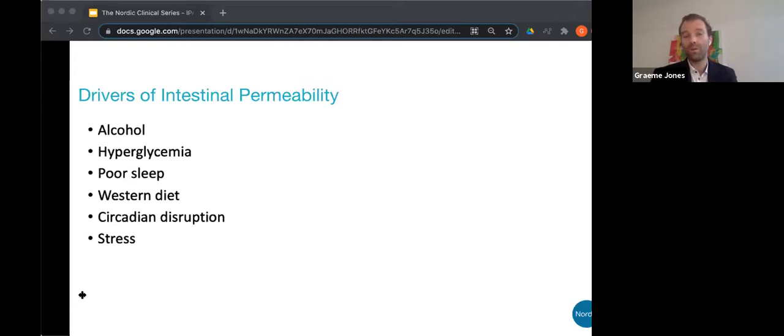You've got to look at underlying factors. It could also be infection, fungal, parasites, possibly SIBO. There are many different contributors here, and you're going to have to do that work.